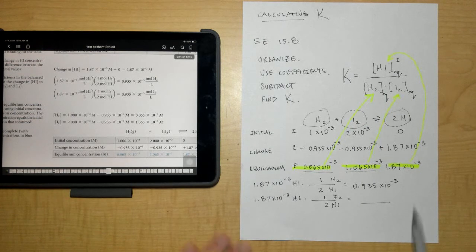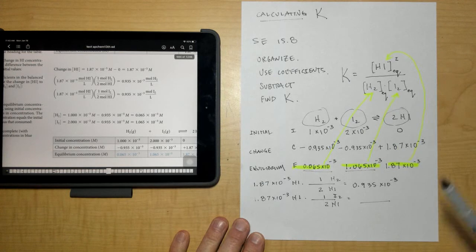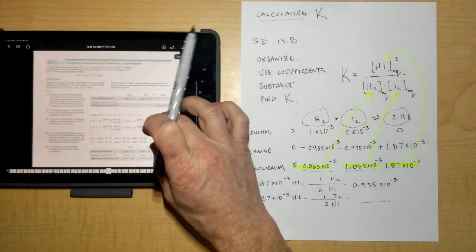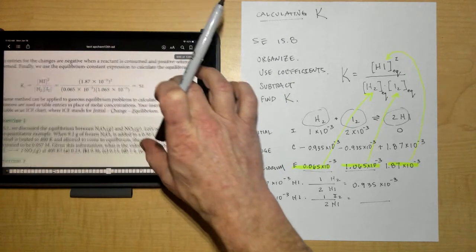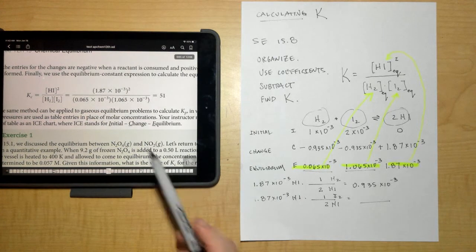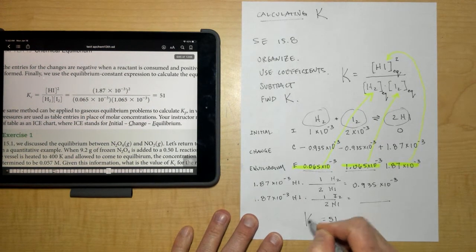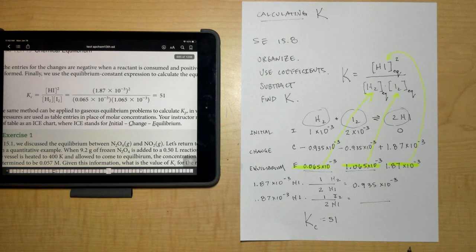Be careful, you have to square this one, and then these would be to the first power. Once you put those numbers into the equilibrium constant expression and push the buttons on a calculator, you should end up with 51 for K at that temperature.